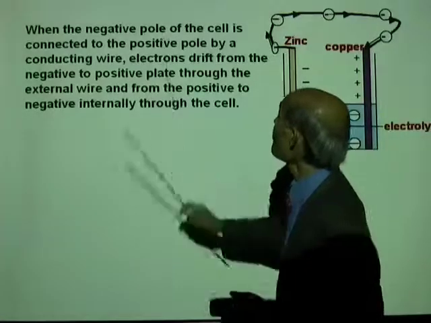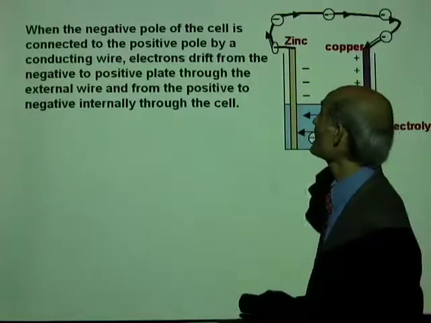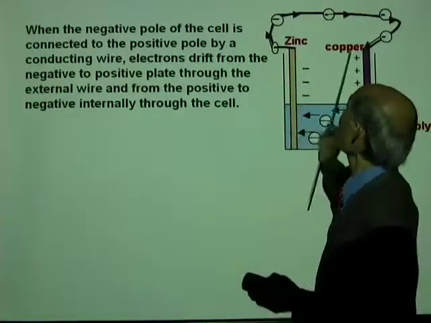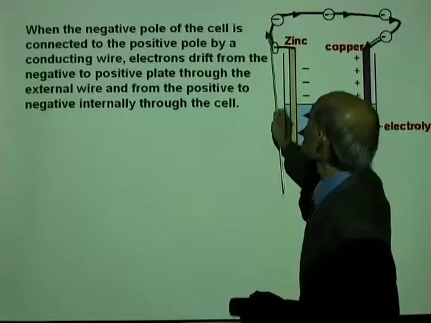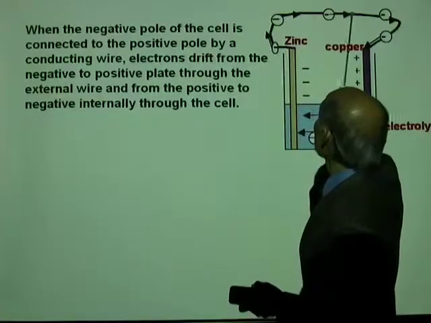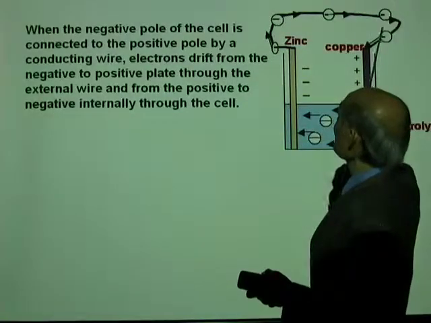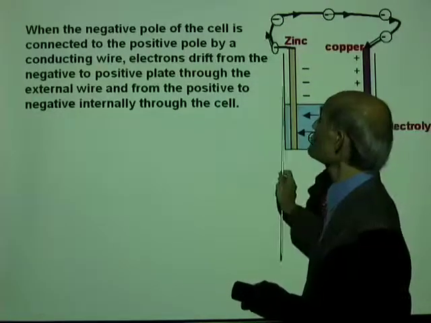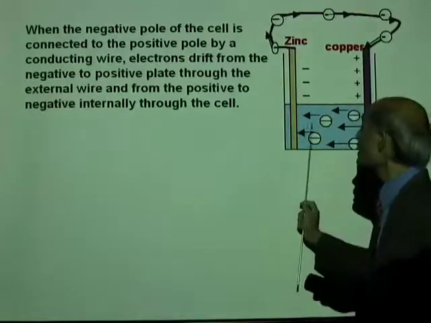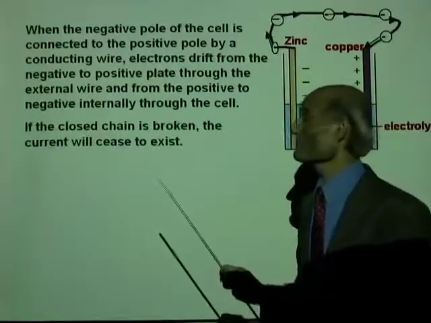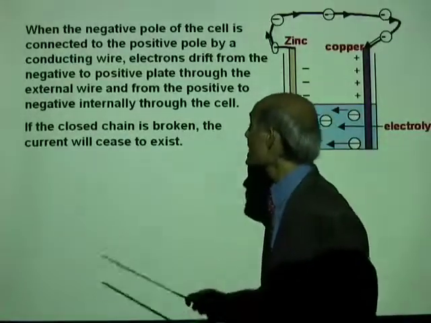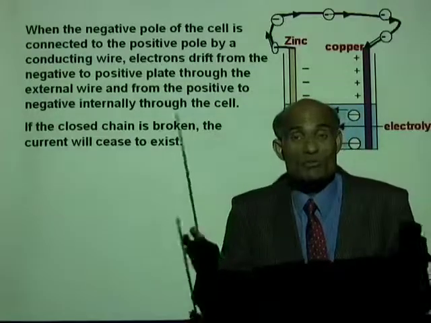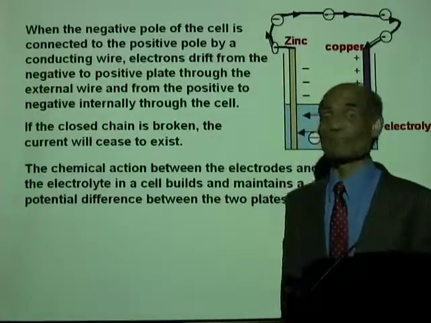When the negative pole of the cell is connected to the positive pole, electrons drift from the negative to the positive externally through the conductor, and from positive to negative internally through the cell. If the closed chain is broken, the current will cease to exist.